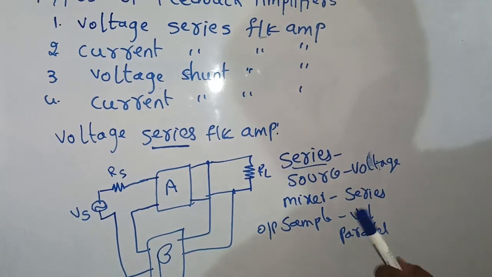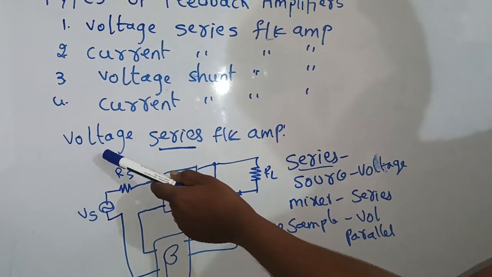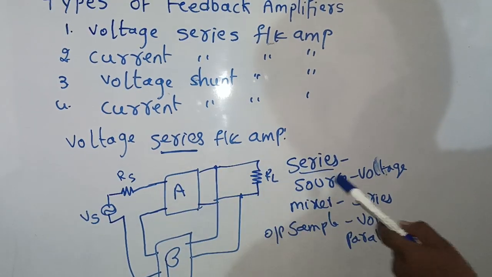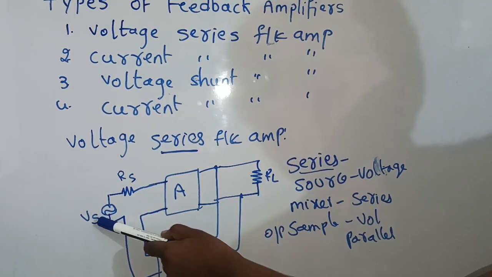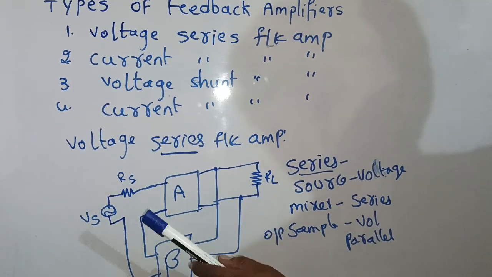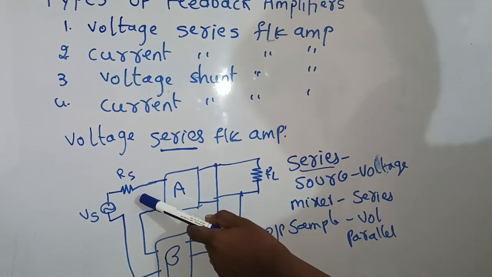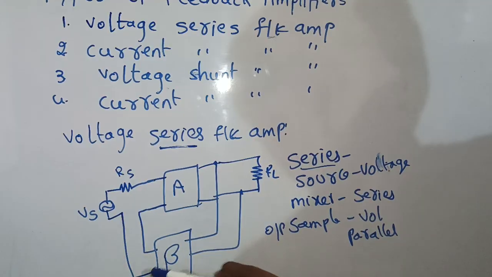This is a very important and basic thing. Always, if it is a series amplifier, the source is voltage. For the voltage source, the resistance is always in series. That is the input side. Similarly, at the input side we have a mixer, and for series, the mixer is series. Series connection is like this.